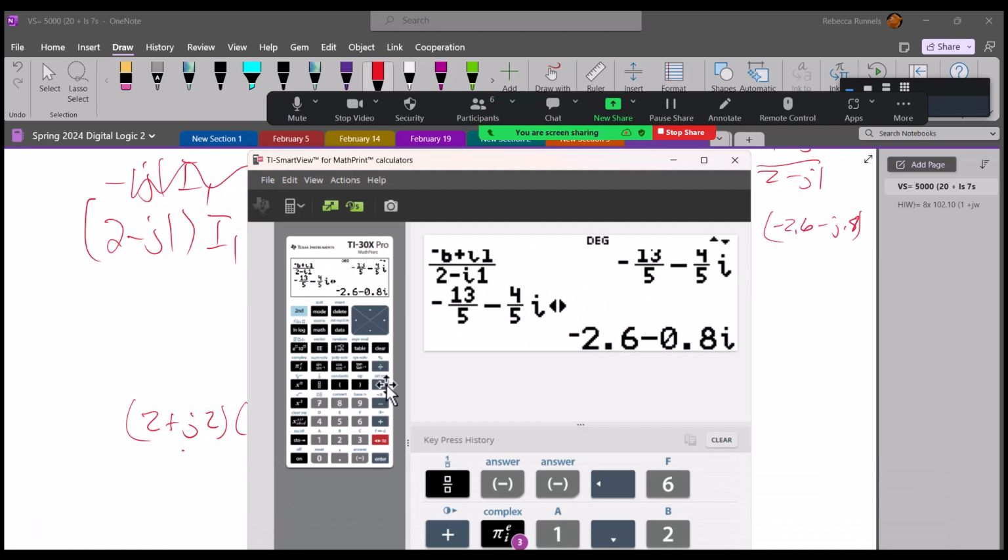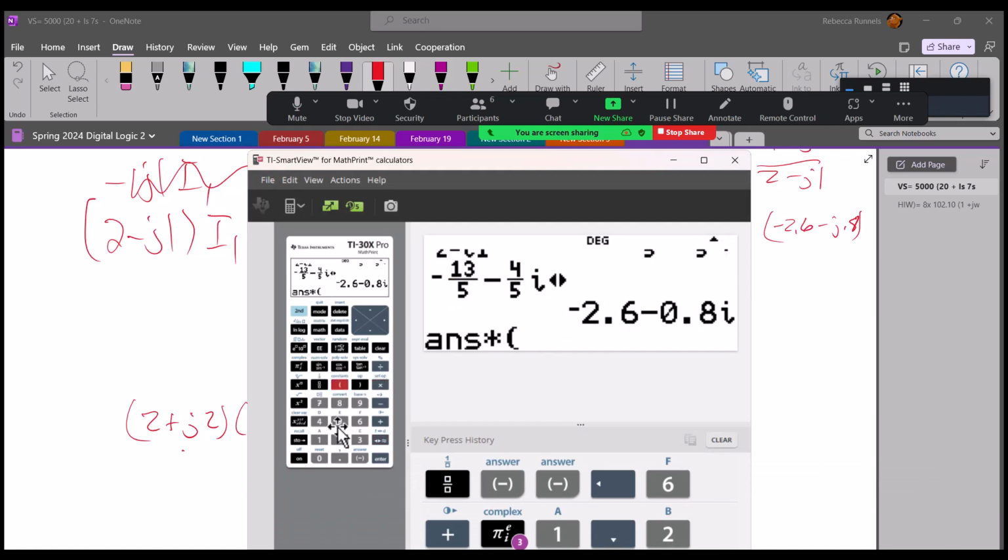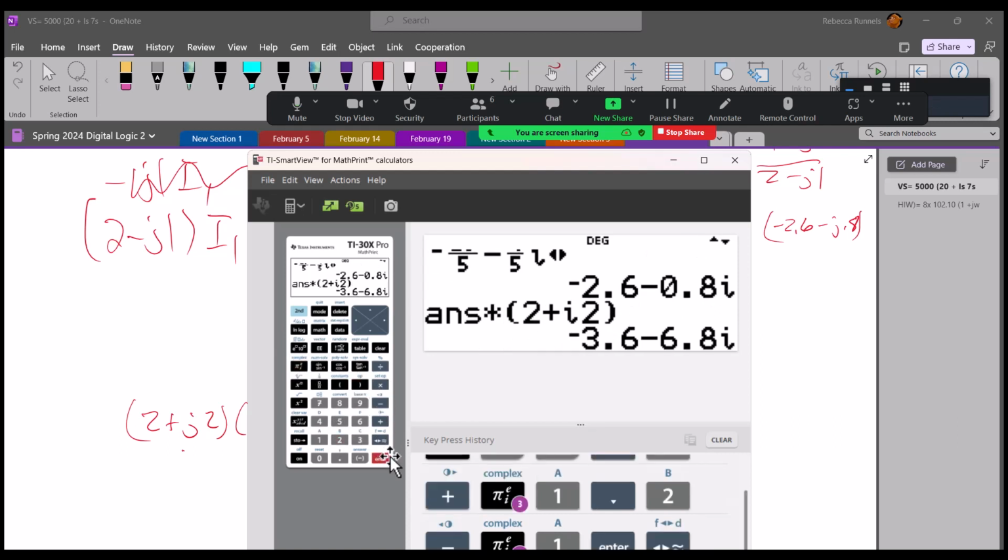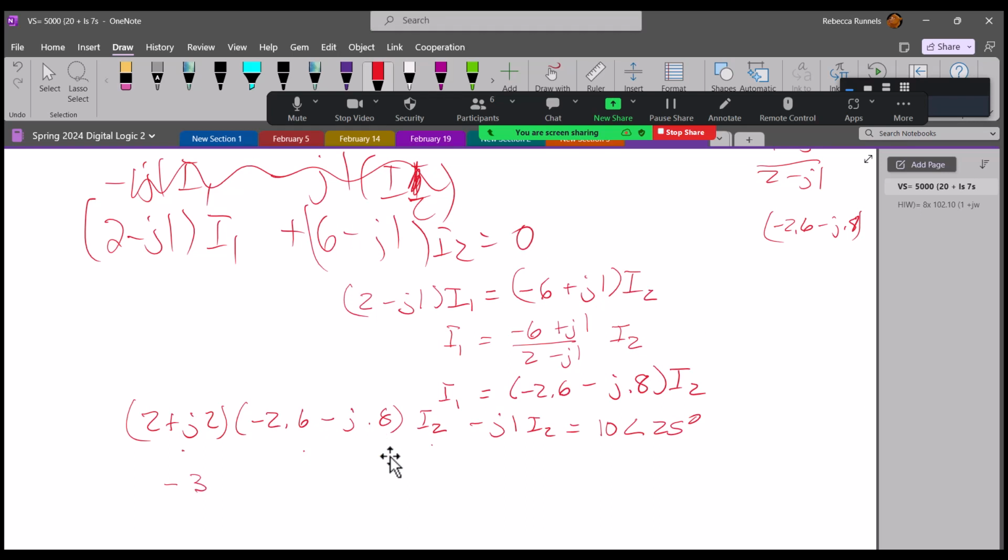What happened to 2IC in this problem? What's the question? Oh, because IC is I1 plus I2. I didn't write the equations because I was starting from the given that we had equations left to solve. And then that one you could go ahead and plug in and solve for that.